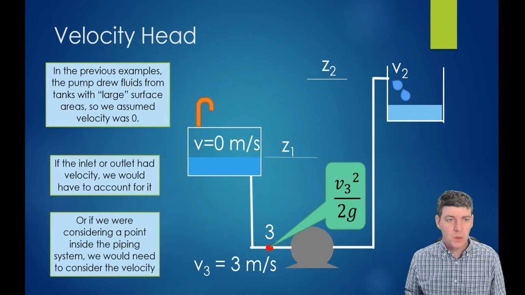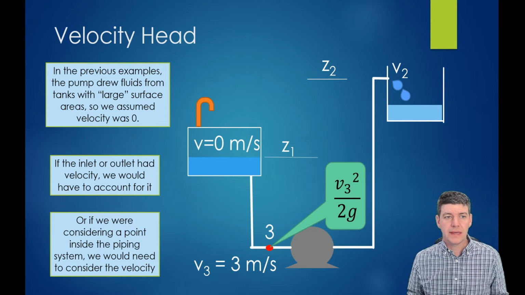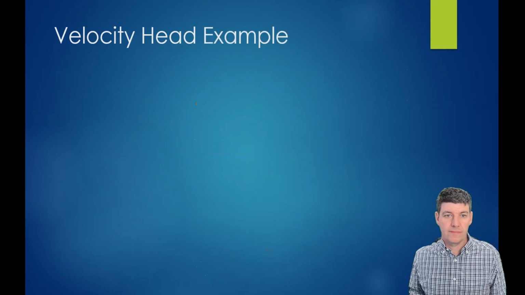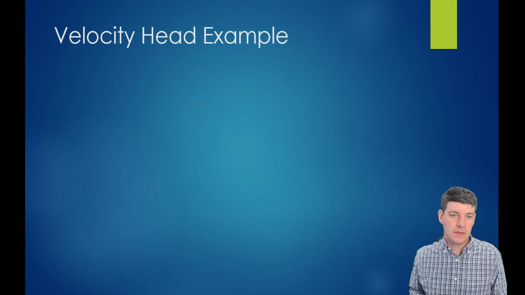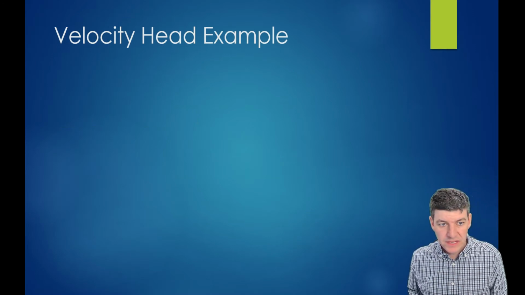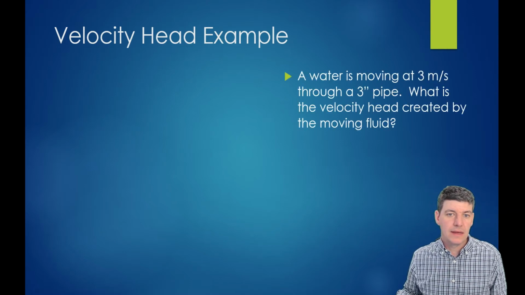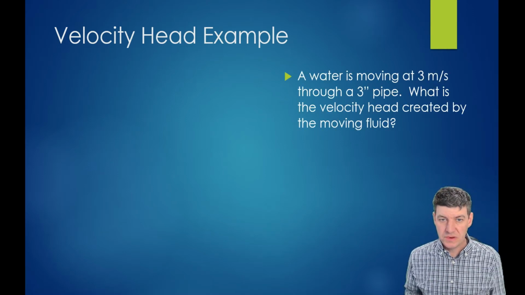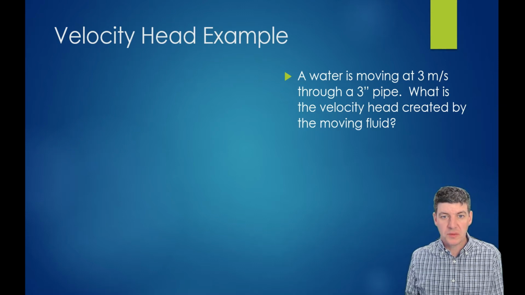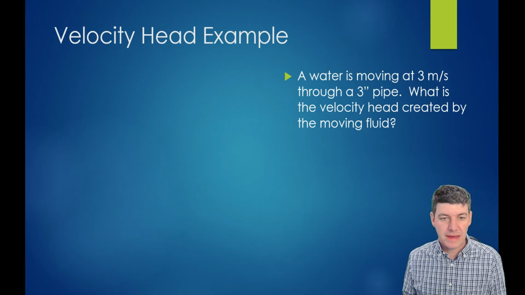Okay, so let's just do a quick calculation on calculating our velocity head. So let's take from our previous example there. We have water, it's 3 meters per second, and it's moving through a 3-inch pipe. What's the velocity head created by that moving fluid?